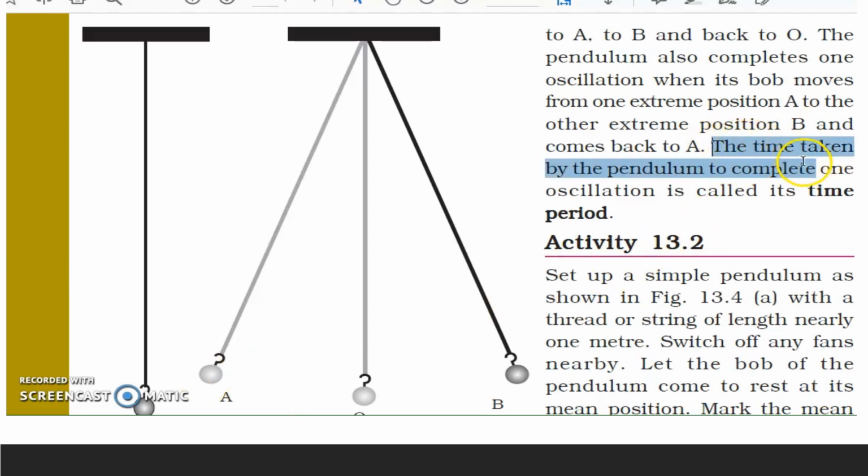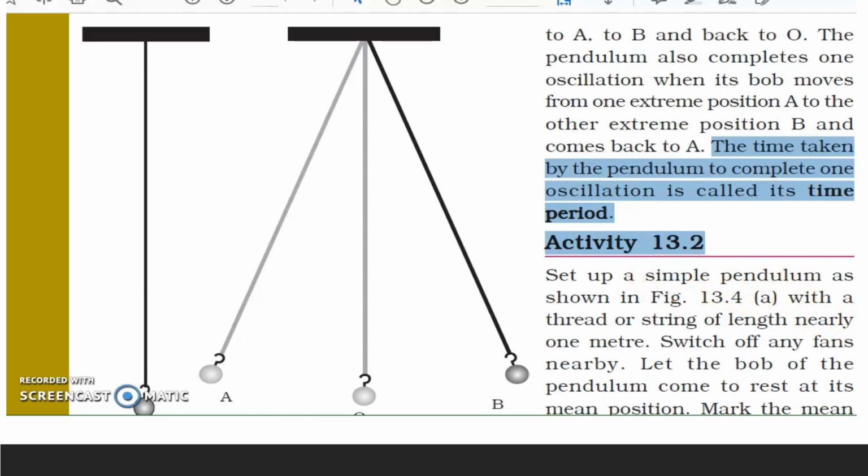So the time taken by the pendulum to complete one oscillation is its time period. Now we will learn how to measure the time period. The definition is: the time taken by the pendulum to complete one oscillation is called its time period.